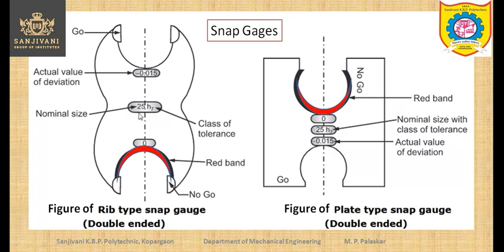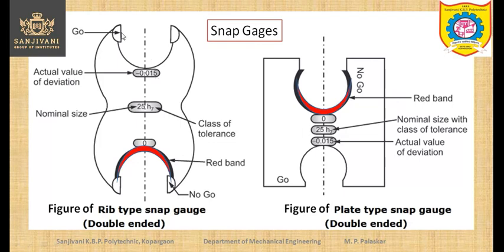So the nominal size is 25 mm, that is the basic size, and since this is the no go end, the size of this will be smaller. But if the tolerance here is 0 to 0.015, then this size will be exactly 25 mm and this will be 25.015, right?